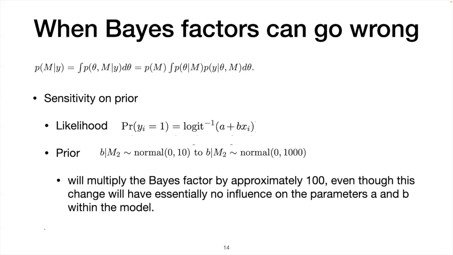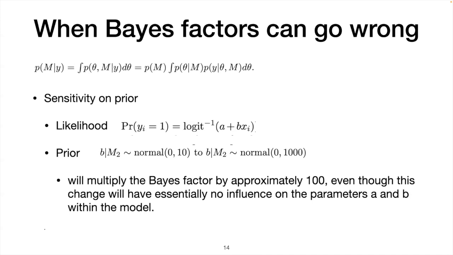One is beta is normal(0, 10), a wide prior, and another is beta is normal(0, 1000). This is the standard deviation of the prior. These two priors are basically flat. If x has already been standardized to have standard deviation 1, they can't have any effect on your inference.